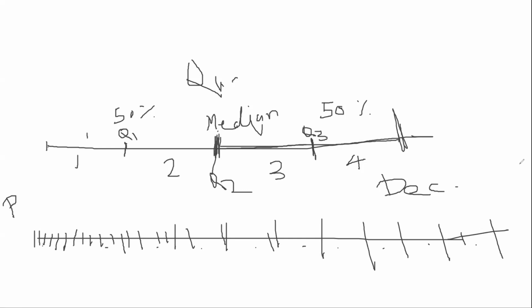So if you divide into two pieces, that is median, 50%. If you divide into 4 equal pieces, that is quartiles. If you divide into 10 equal pieces, that is decile. If you divide into 100 equal pieces, that is percentile.